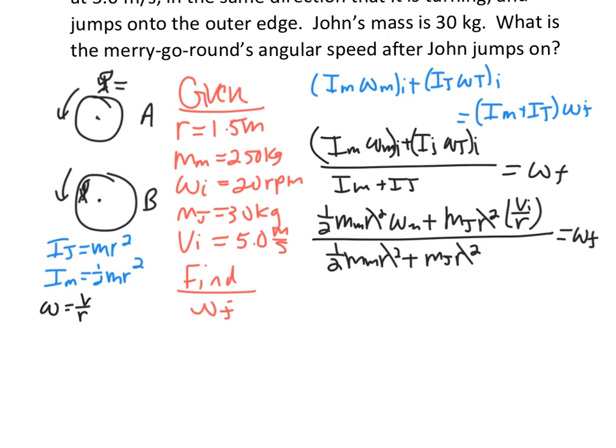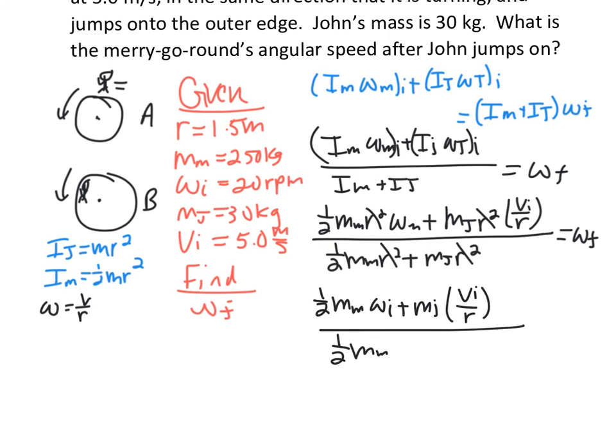And cleaning this up a little bit, we get 1/2 mass of the merry-go-round, omega initial, plus mass of John times v initial over r, over 1/2 mass of the merry-go-round plus mass of John equals omega final. Okay, my only issue here before I can put any numbers in is the fact that it gave us omega initial in RPM.